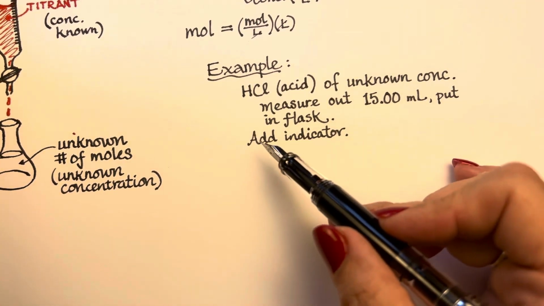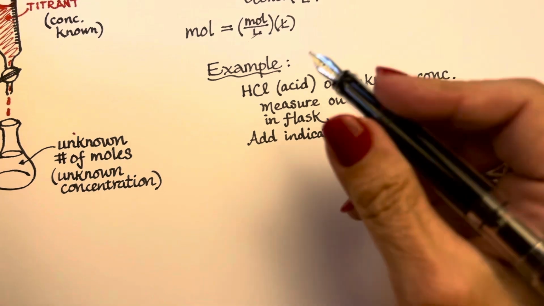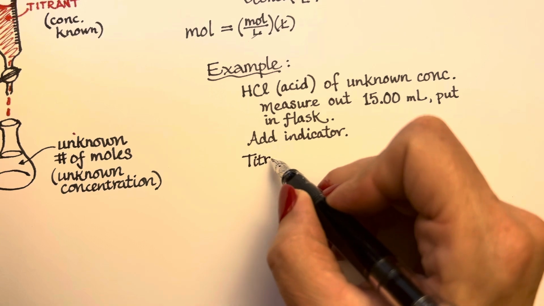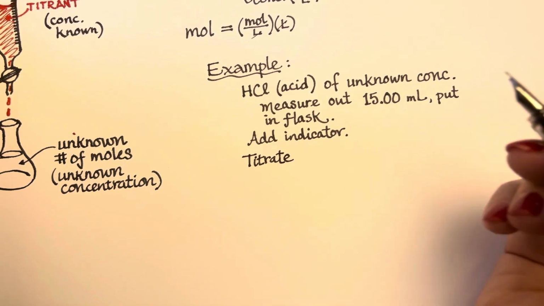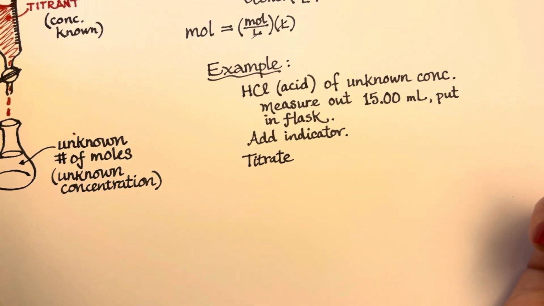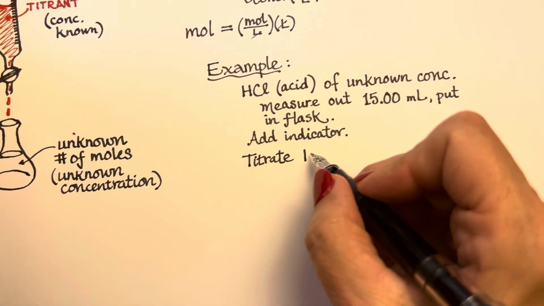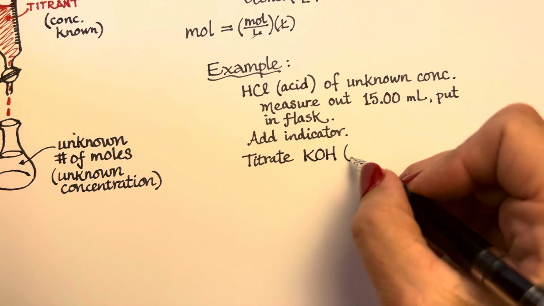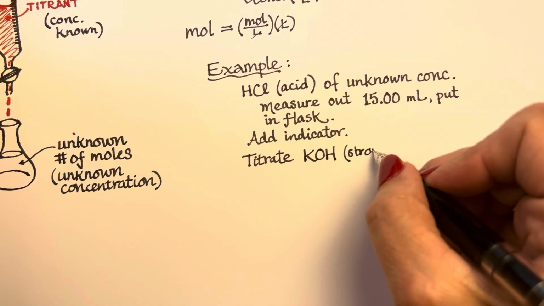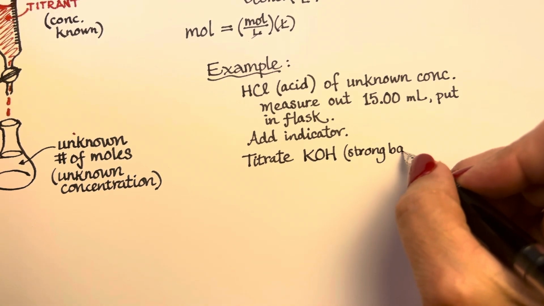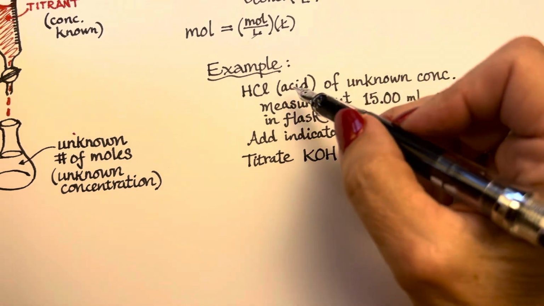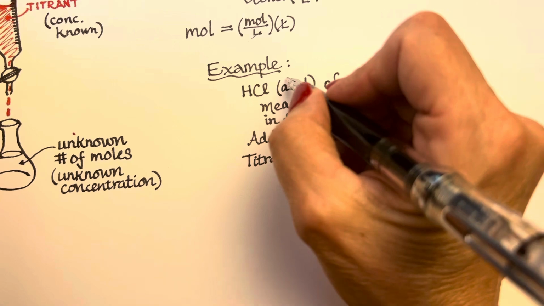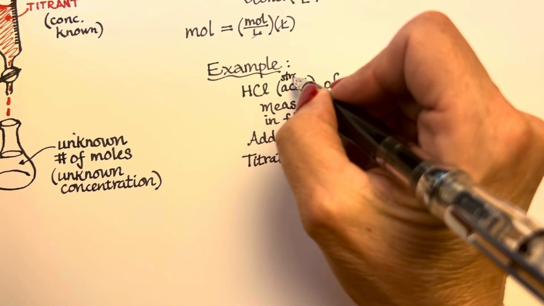Okay, we add our indicator, and then we titrate a strong base. So why don't we use KOH? Here's our strong base. Okay, by the way, this HCl, hydrochloric acid, is a strong acid, so I'll just add that in there.